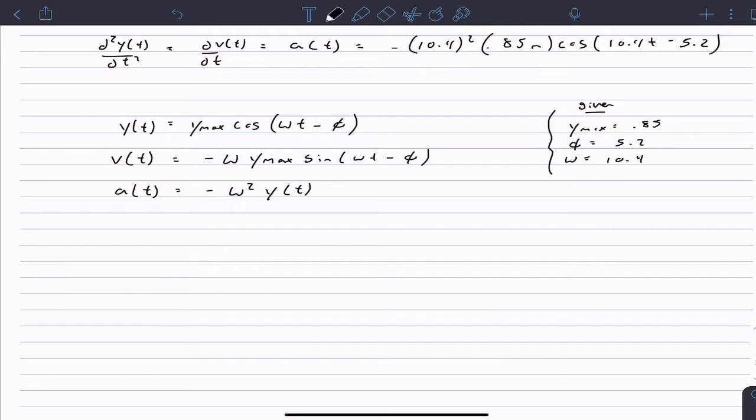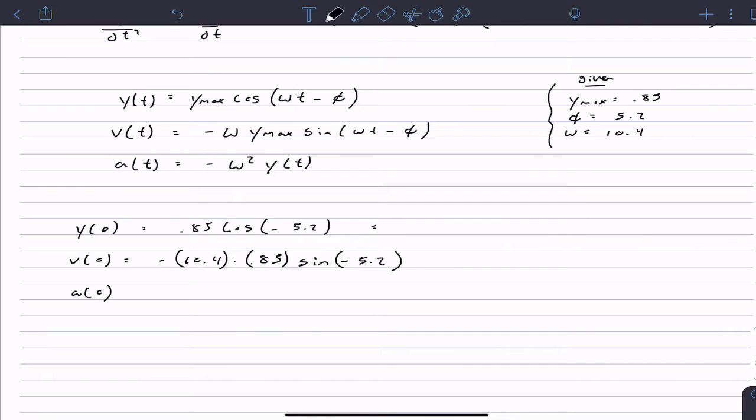So let's take 0. Y of 0 is equal to 0.85 times cosine of negative 5.2. v of 0 is equal to negative 10.4 times 0.85 times sine of negative 5.2.